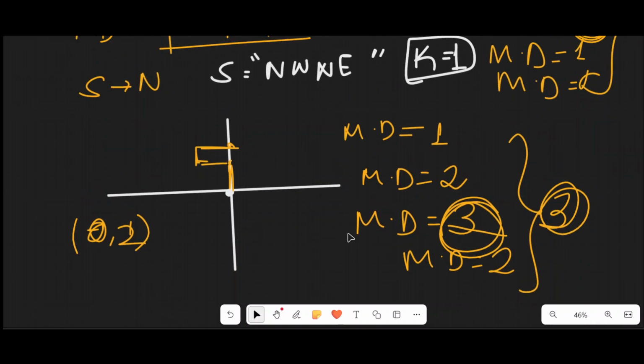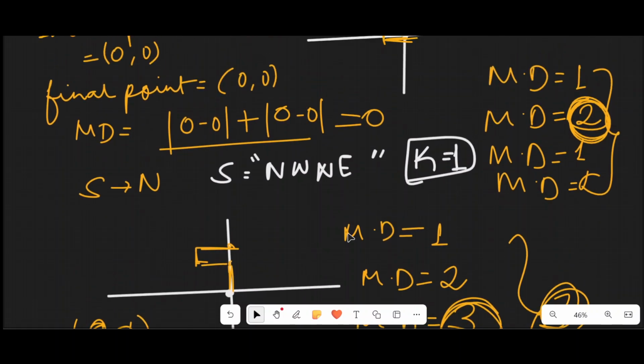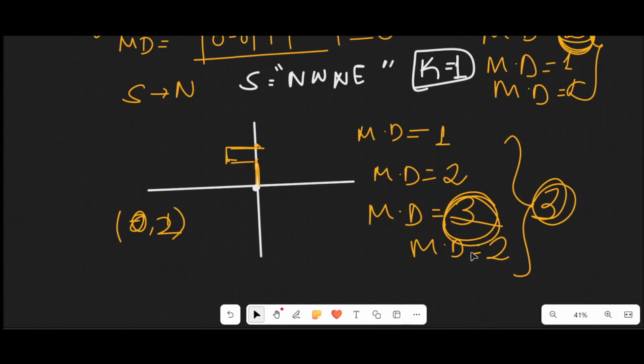So that's how you have to return the maximum Manhattan distance after making at most k changes, right? You can see that after I changed my s to n, my distance increased, right?